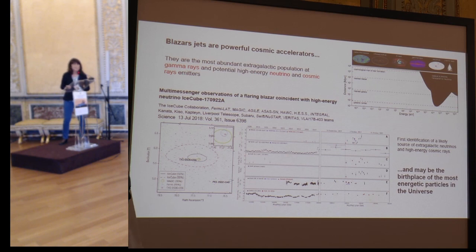And last year, we had the first strong association of a high-energy neutrino detected by the IceCube Observatory with a flaring blazar, the object TXS 0506. So, blazars may really be the birthplace of the most energetic particles in the universe.